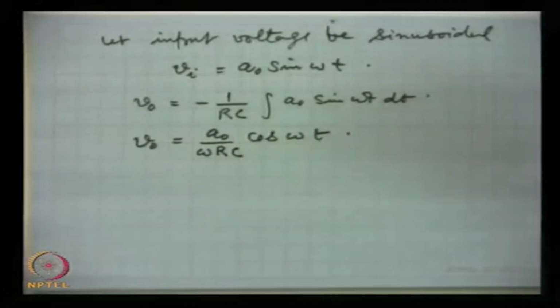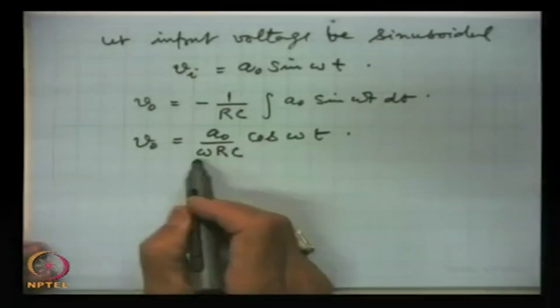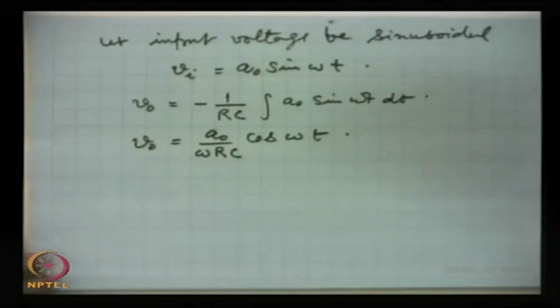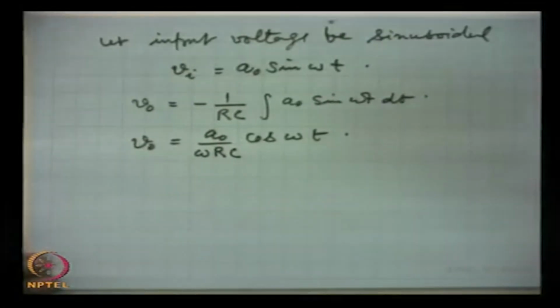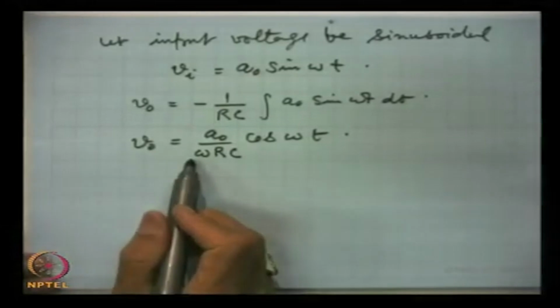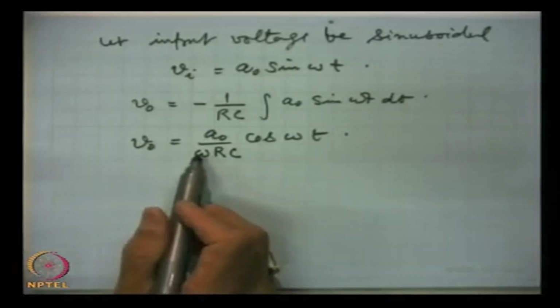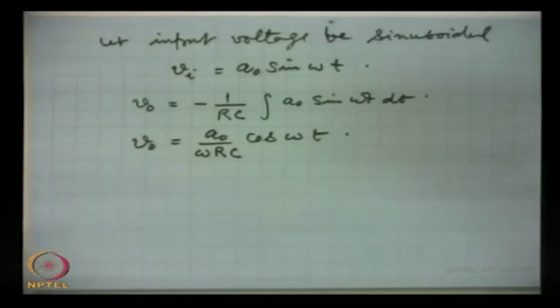Here this is important, that the maximum amplitude of the output will be frequency dependent. Therefore, whatever is the maximum output for a signal of frequency, say 1 kilohertz, at 2 kilohertz it will be half.